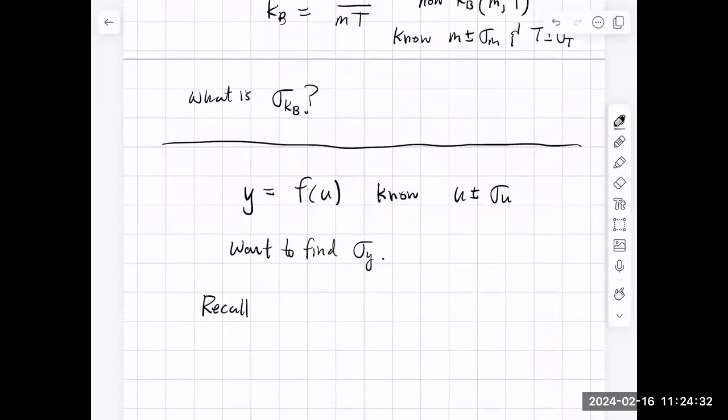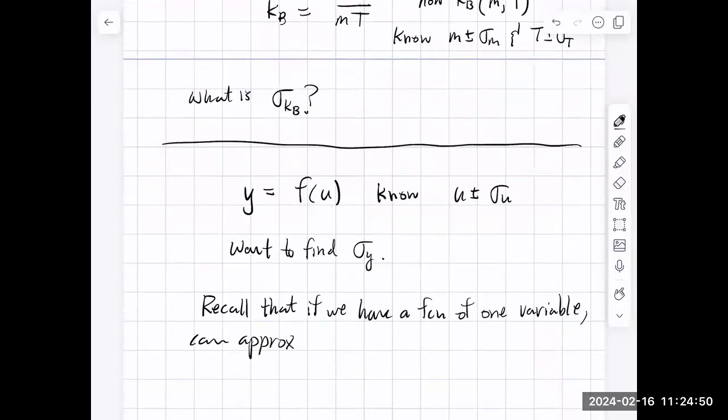Okay. So recall that if we have a function of one variable, we can approximate, say, f of u as a Taylor series.